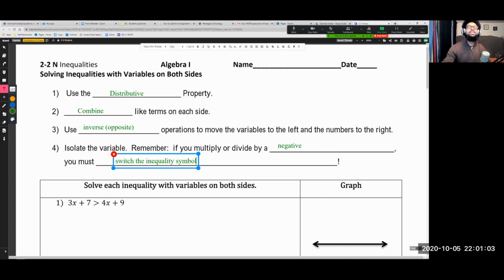You must do that. If you do not do that, you will get an incorrect answer. So looking at these steps, they look very, very similar to the steps that we had when solving equations.